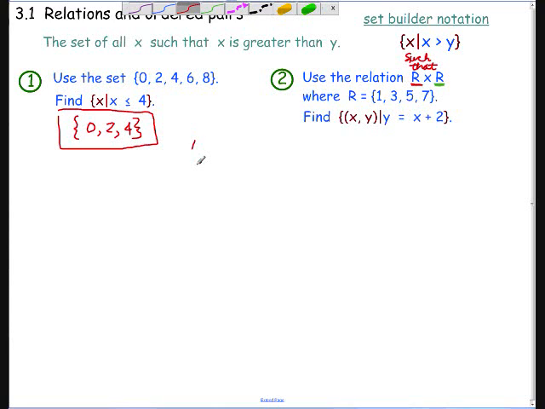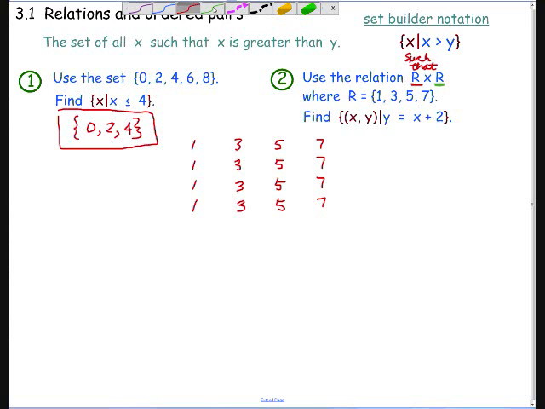Well, I know that that first member is going to be 1 4 times, and then it's going to be 3 4 times, and then it's going to be 5 4 times, and then of course it's going to be 7 4 times.